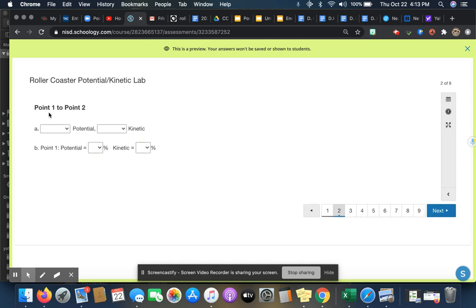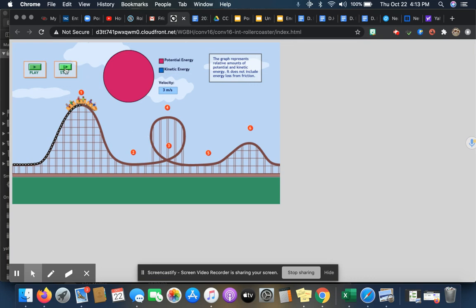Now it's asking you from point 1 to point 2. My choices are either increasing or decreasing in potential, and increasing or decreasing in kinetic. Let's go back to my website and see. If I do the next step, it's going to go from point 1 to point 2. Watch the pie chart. Okay, what just happened?